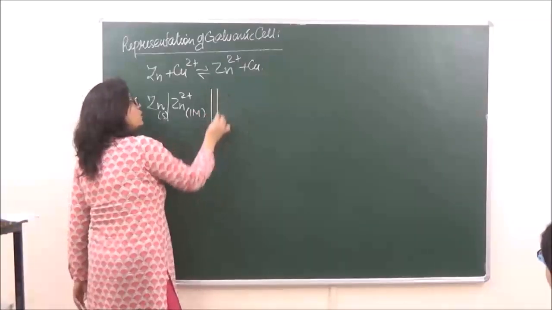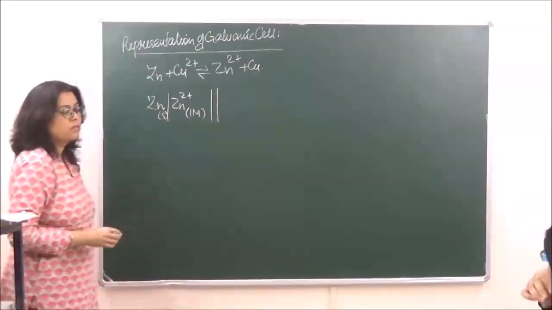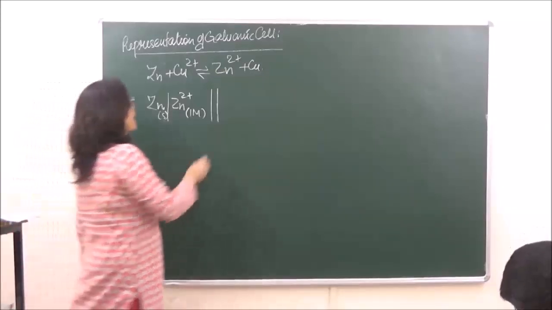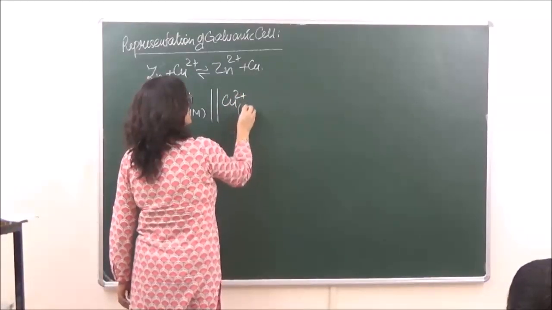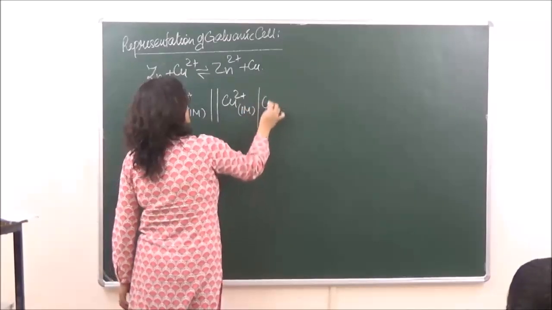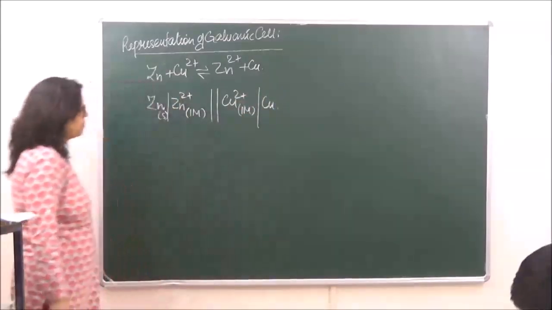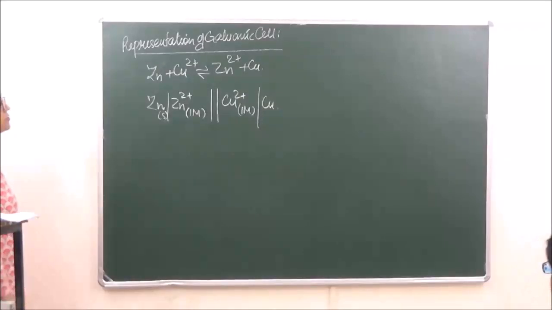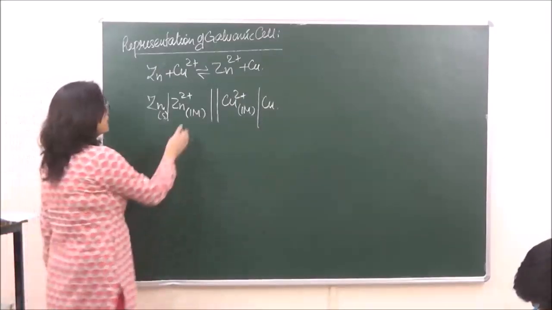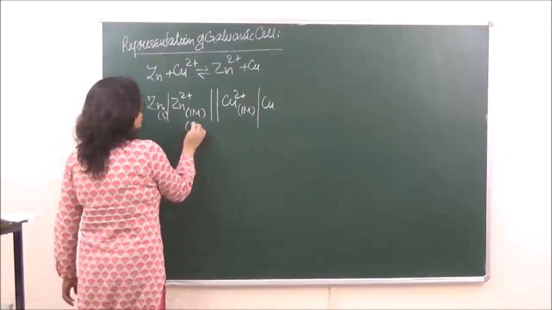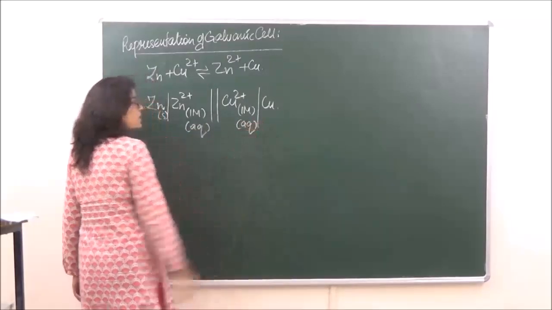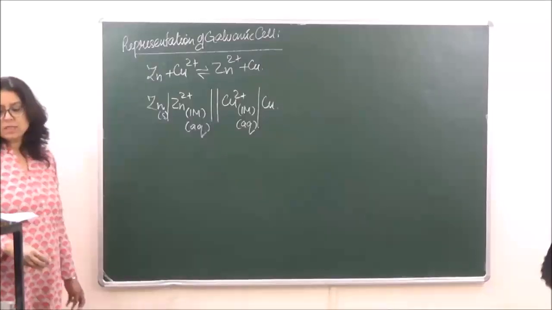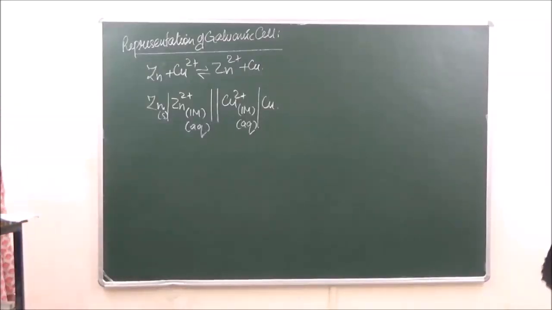Then we represent the salt bridge, which is represented by a double slash, and Cu2+, again the concentration and Cu. In case the concentration of the electrolyte is not mentioned, then instead of writing the concentration, we can also use aq in brackets. So this is how we are going to represent a Daniell cell.